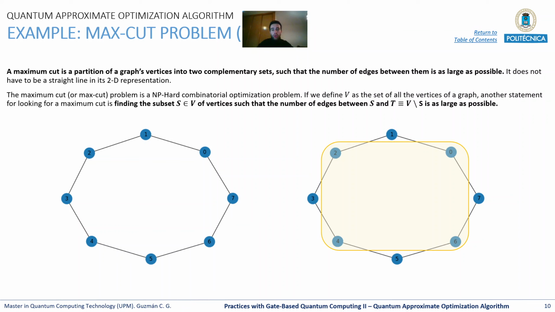When we represent it, as you see in the picture at the left of the screen, in a 2D representation, this can also be applied to 3D representations, although it complicates the mathematical expressions a bit. It doesn't have to be a straight line between the vertices.